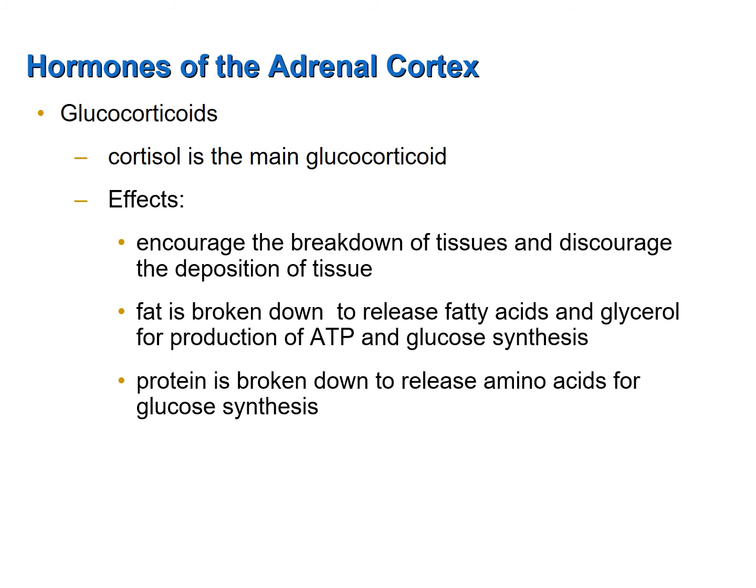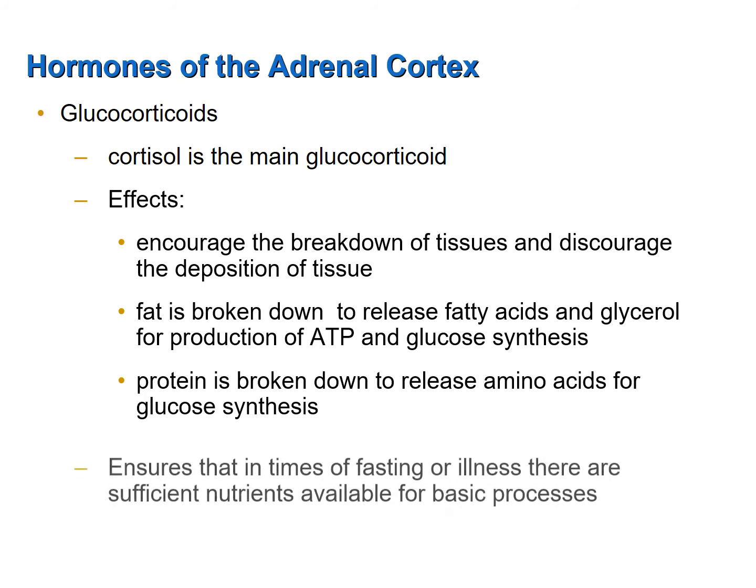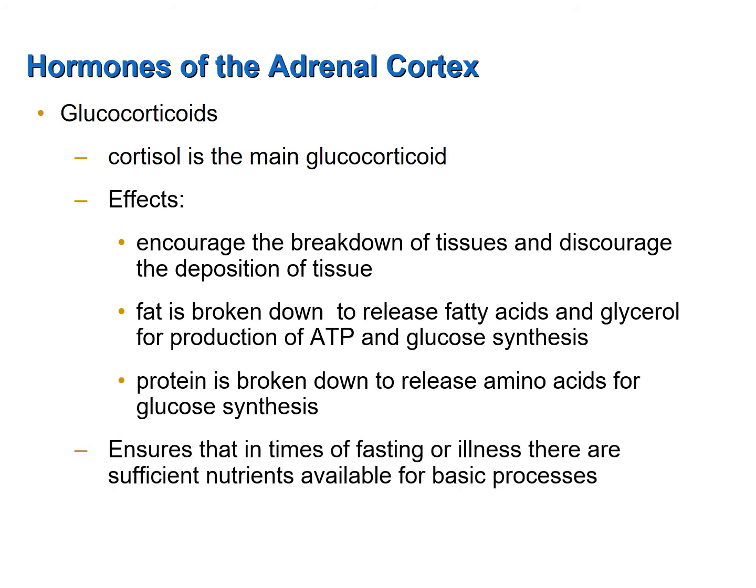Protein, mainly in muscle cells, is broken down to release amino acids, again, in order to synthesize glucose, to maintain blood glucose levels. This ensures that in times of fasting or prolonged illness, there are sufficient nutrients available for basic life-sustaining processes.